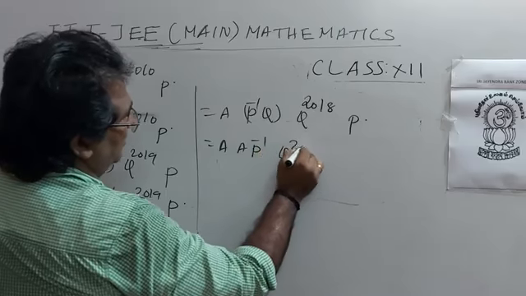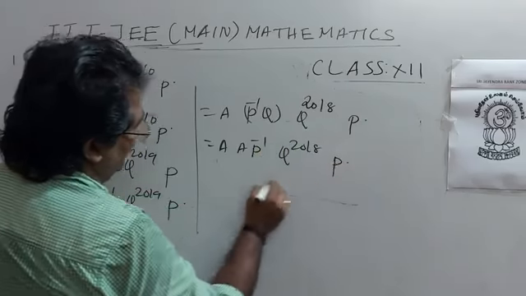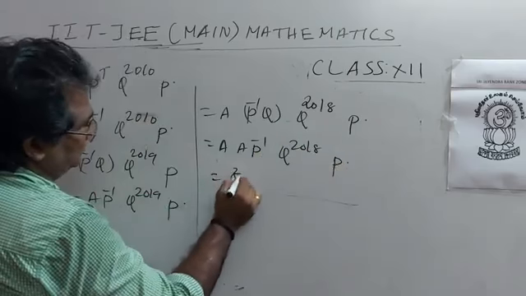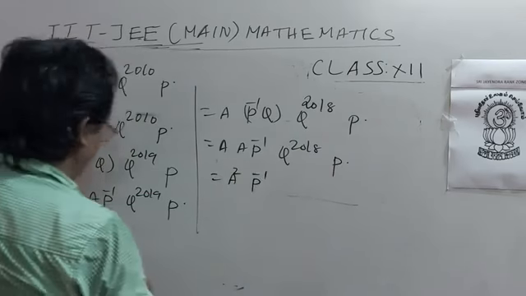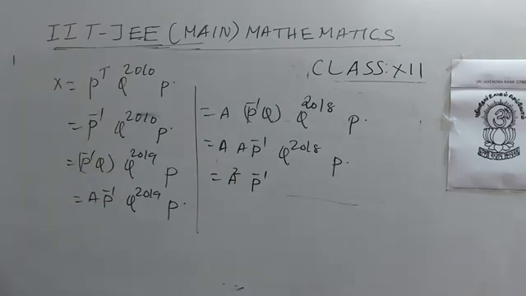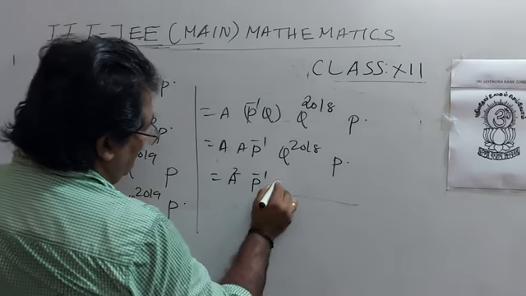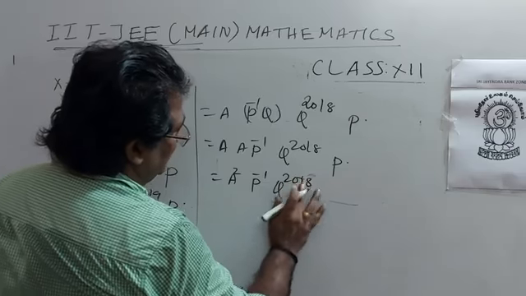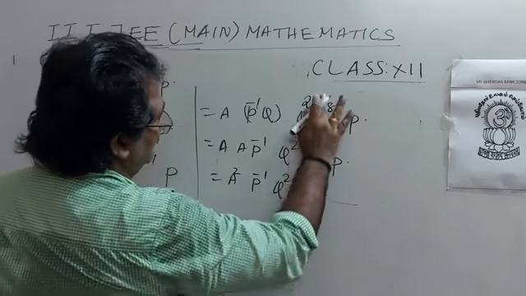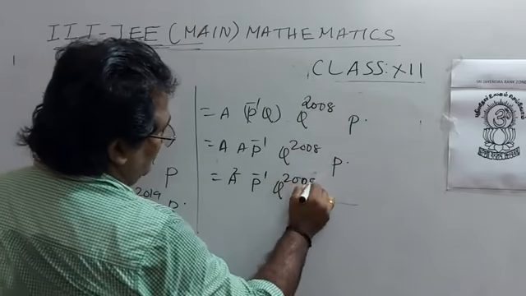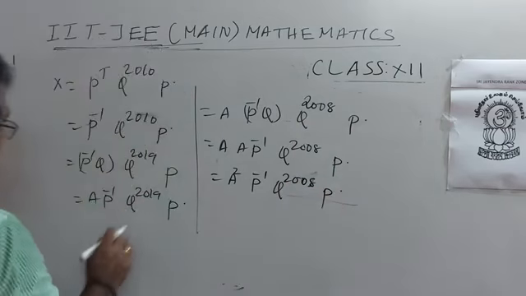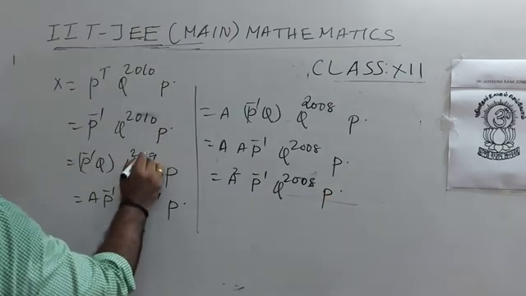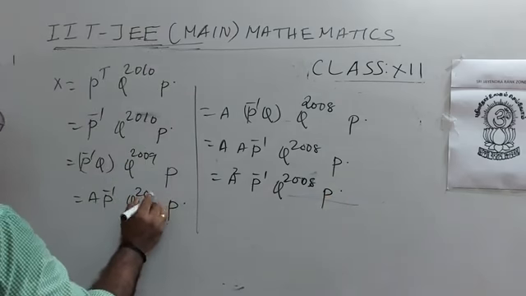The Q power 2008 into P, that is A squared P inverse Q power 2008 into P.